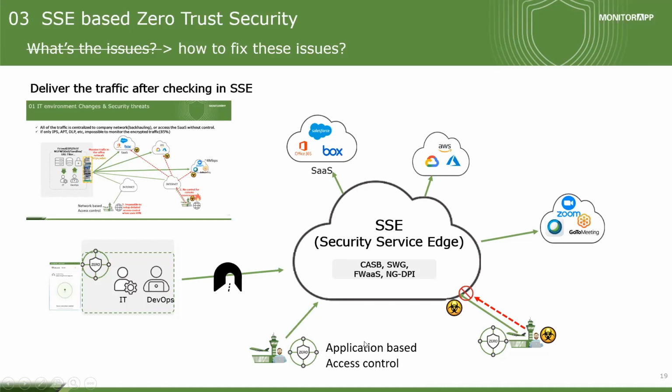And lastly, ZTNA is application-based, not network-based. If they install the ZTNA, the remote user can access applications, not the network. So by using ZTNA, we can prevent users from accessing unnecessary resources.